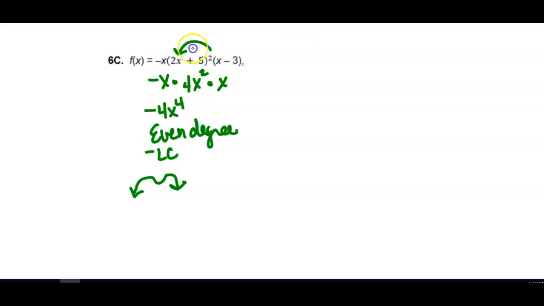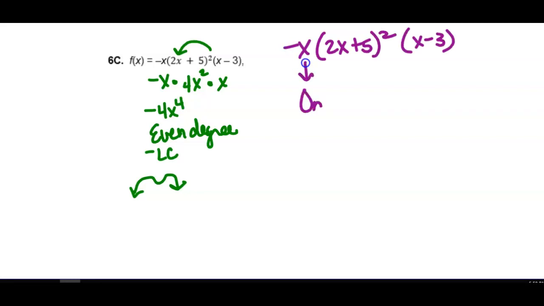Then we have this. I'm going to write it over again. This means there is a 0 of multiplicity 1.